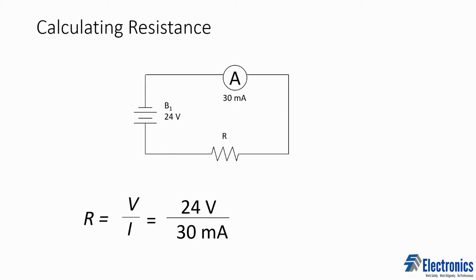Again, remember that 30 milliamps is not 30, it's really 0.03 if we take it back to base units. If you put everything in your calculator correctly, you'll get an answer of 800. In this case, it's 800 ohms because we're solving for a resistance.